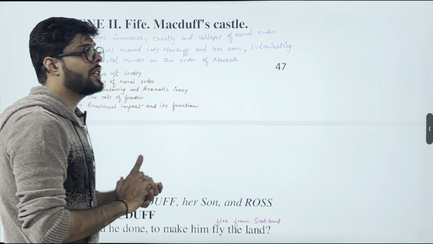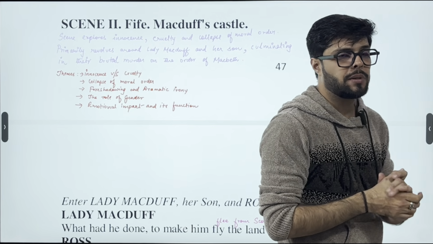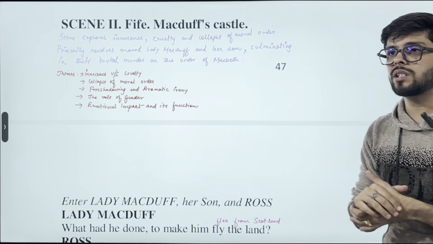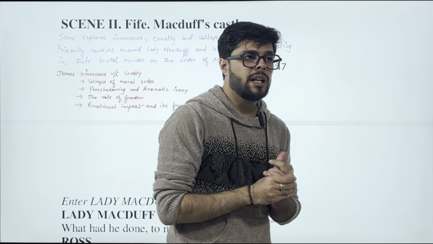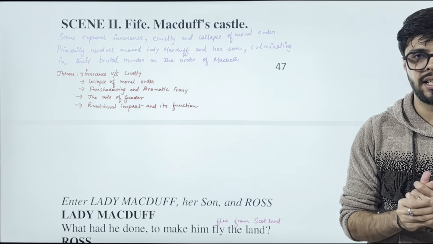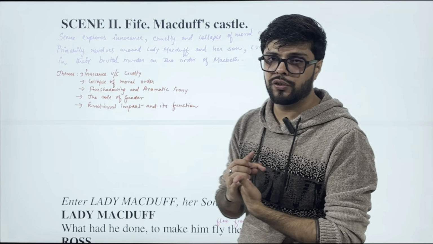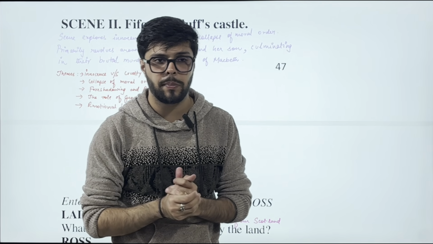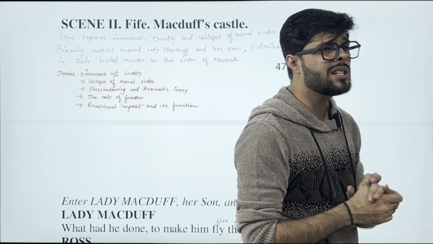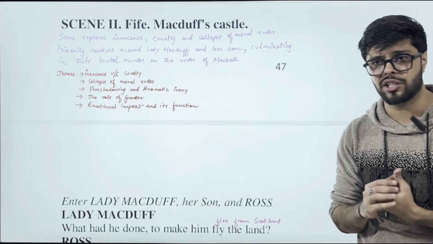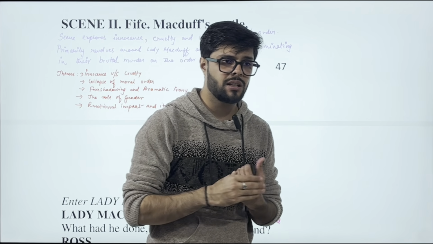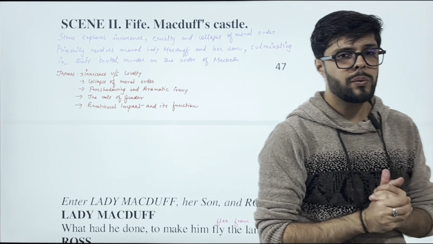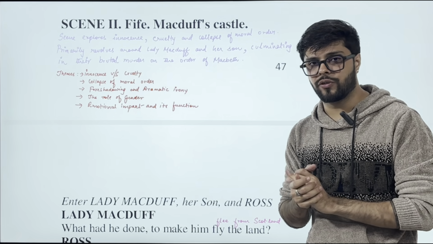Now, to begin with, let me first tell you a little bit about the scene. Act 4, Scene 2 is primarily revolved around Lady Macduff, her son, and Macduff, who is not present in this particular scene. This scene stands in sharp contrast to the earlier one, where we had seen Macbeth meeting the three weird sisters to know what is in store for his fortune.